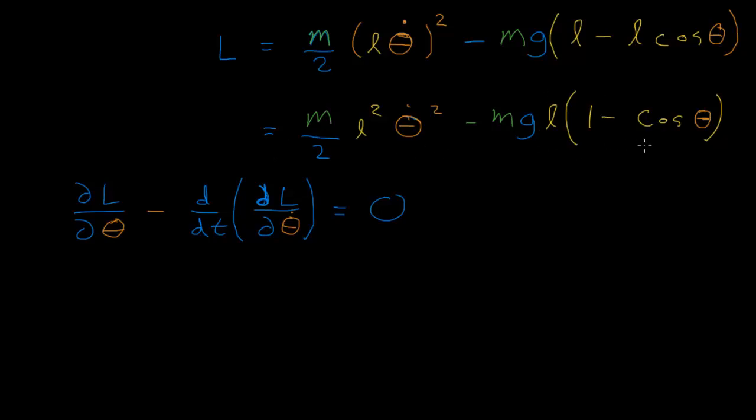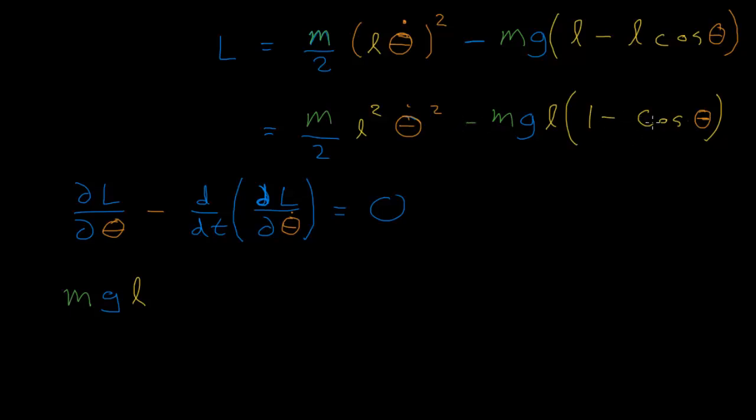If we take this derivative, and distribute this mgl times 1, this will just be a constant. Theta is not in here, so the derivative is 0. So we can forget about this one, and we can write mgl, m times g times l. And then we're left with a positive cosine theta.